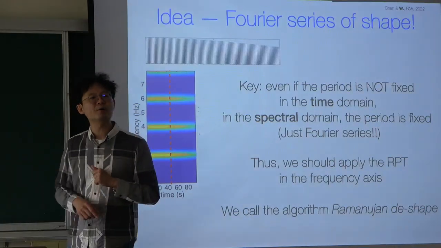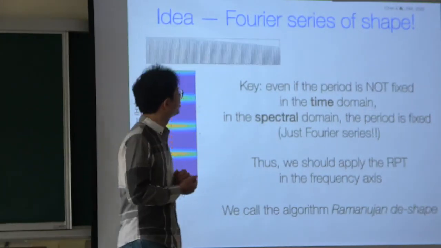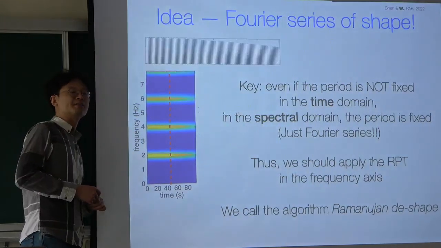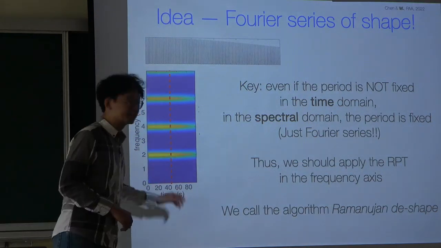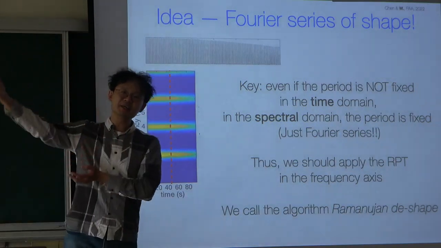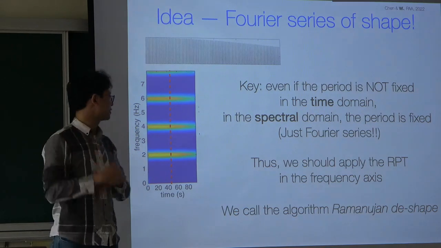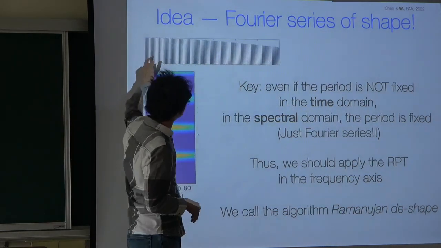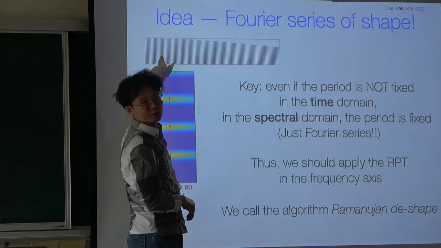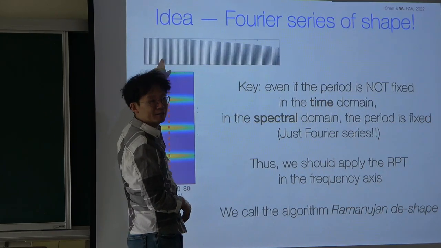So what we proposed in this algorithm is to apply the Ramanujan periodicity transform to real-world data, but in the frequency domain. It's a time domain technique, but we apply it in the frequency domain in the following sense. Remember this example, which I used in the D-shape algorithm lecture.